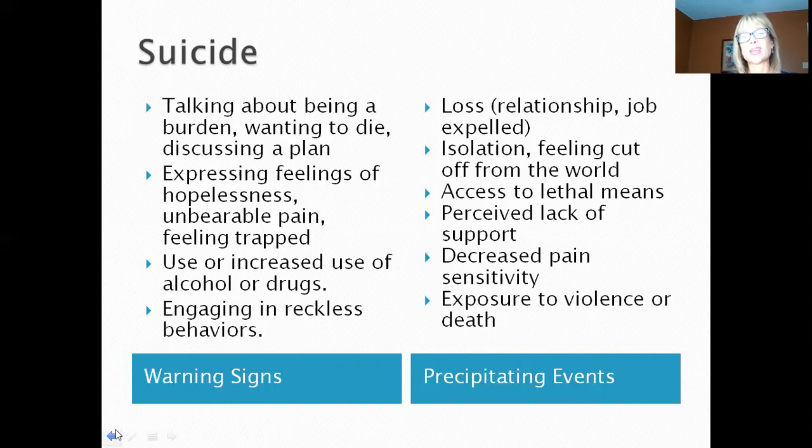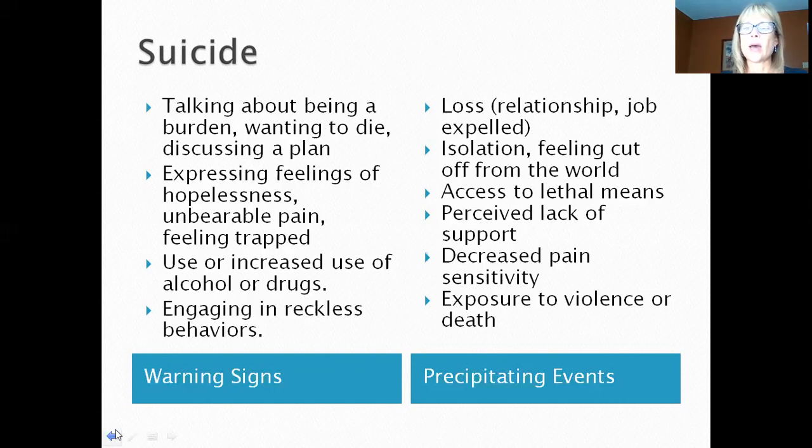Some of the things that might trigger that type of thought process would be a loss. Maybe they had a relationship that they broke up, or they lost their job, or maybe a kid's been kicked out of school or can't be at school. They're feeling isolated or cut off from the world. We know that access to lethal means is also a precipitating event.